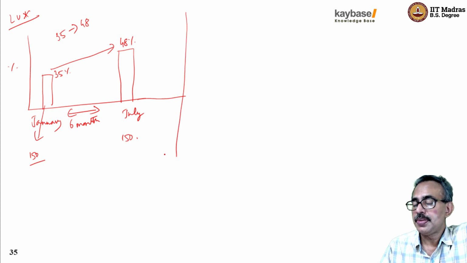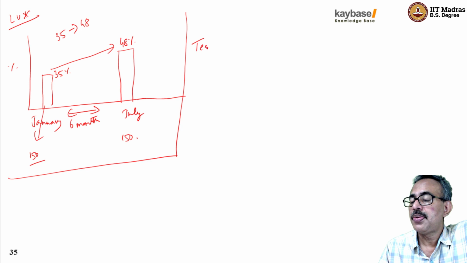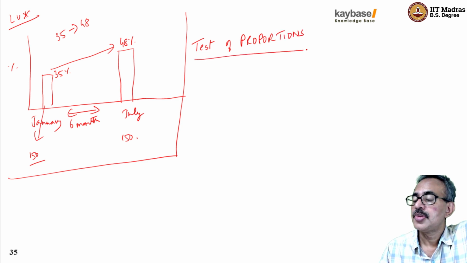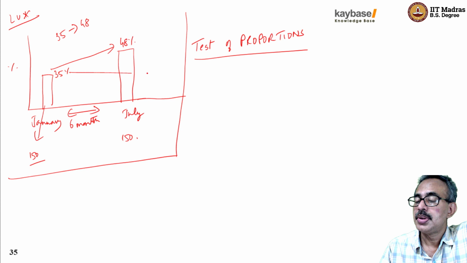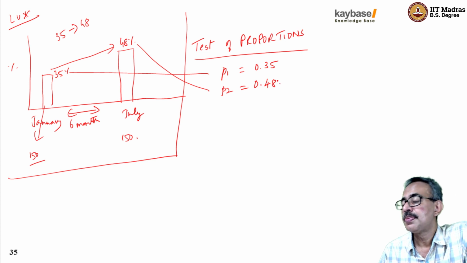In this situation, we have to run a test of proportions. Because 35% is a proportion P1 equal to 0.35. 48% is a proportion P2 equal to 0.48.